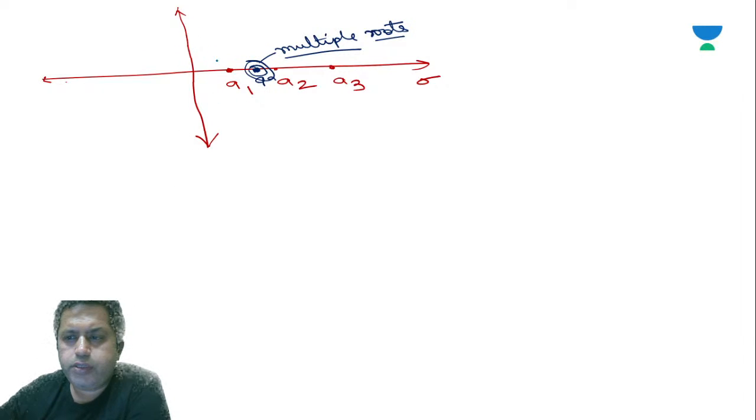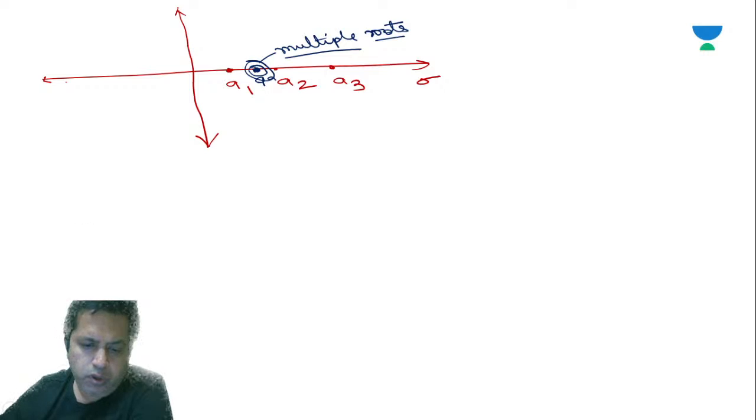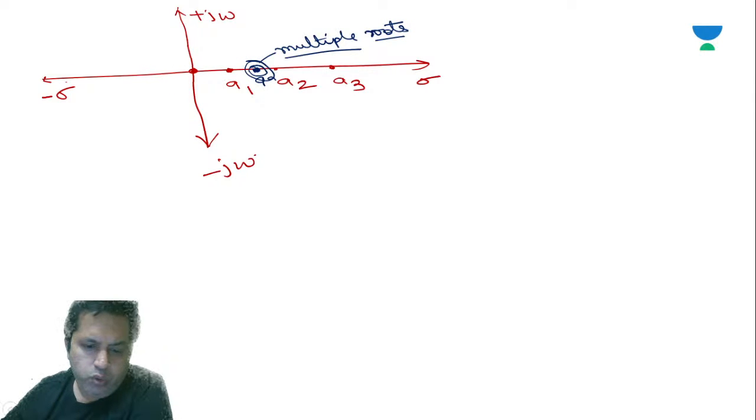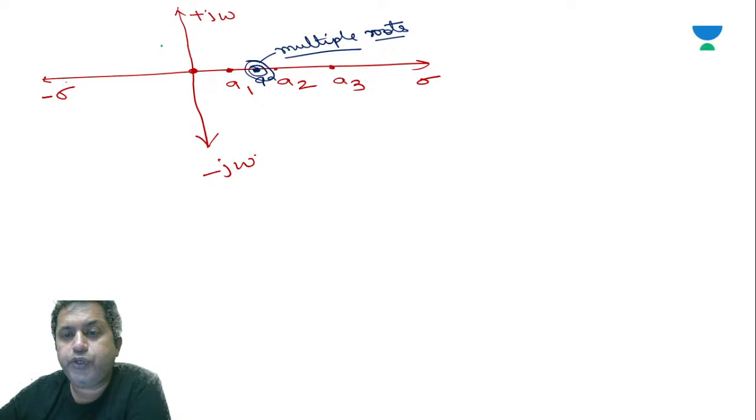Now the complex plot. This is plus j omega, minus sigma minus j omega. There are two types of complex roots. First is where the real part is positive.